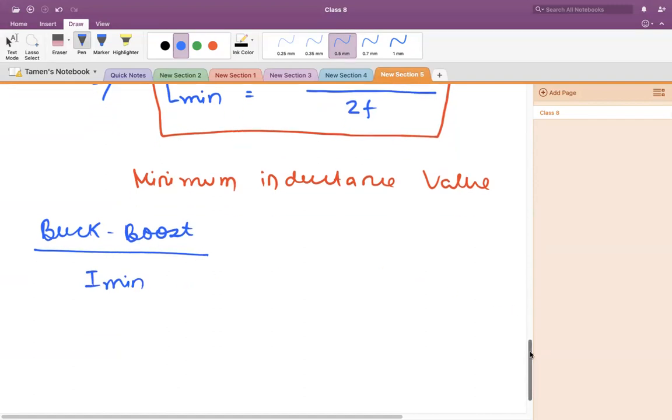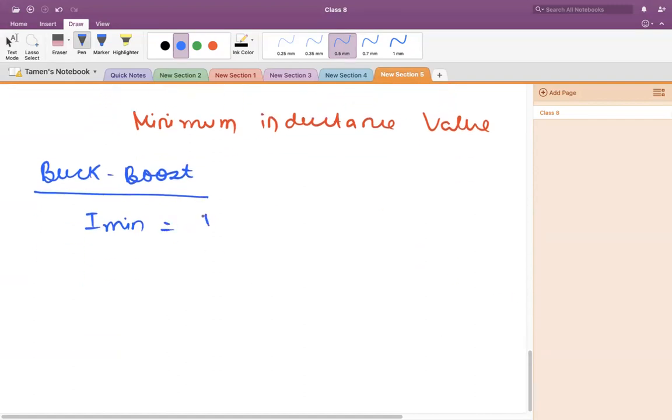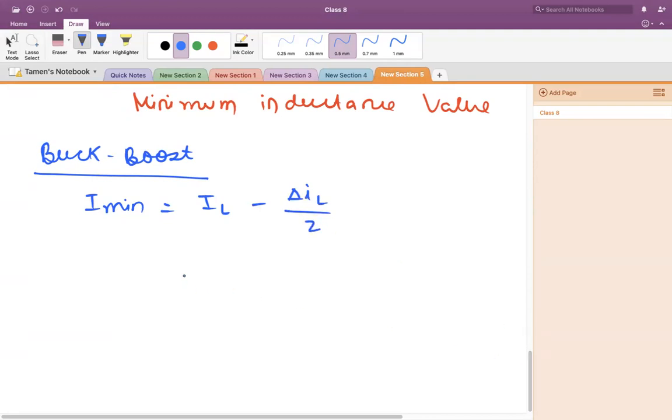I minimum equal to IL minus delta IL by 2, is equal to minus I naught into 1 minus D, minus. Since this is in minus, the sign will be plus, 1 minus D twice of Fs into L.